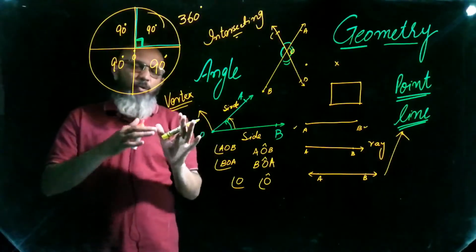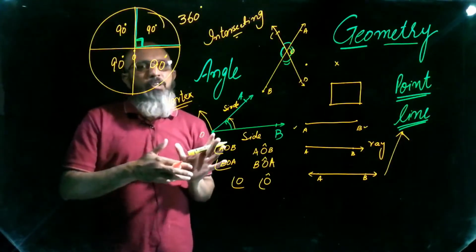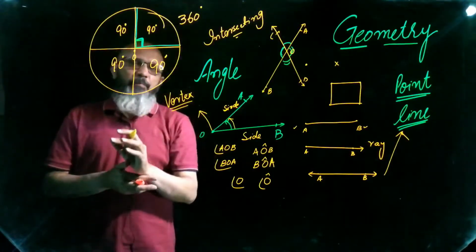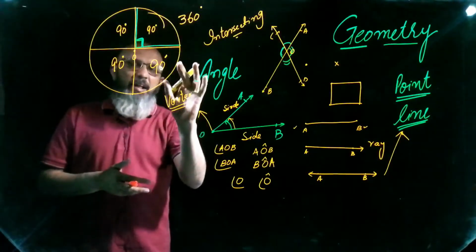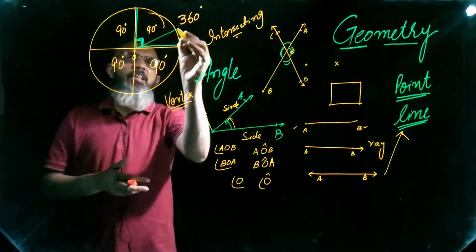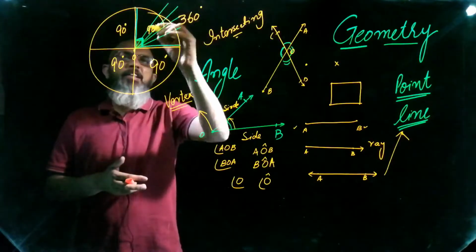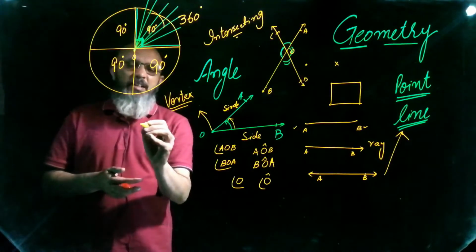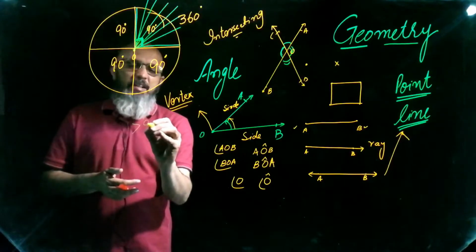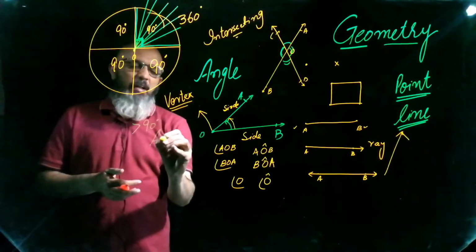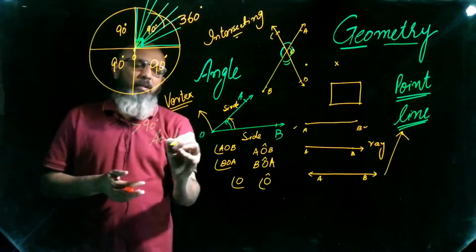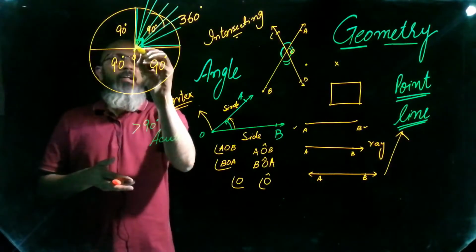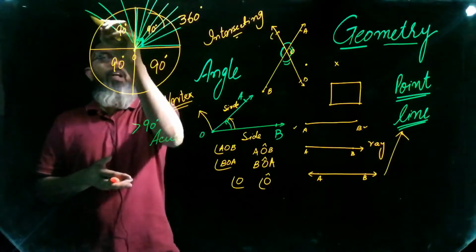It's very important to know what a right angle is, because the types of angles depend on this. An angle less than 90 degrees is called an acute angle. The next type is the angle between 90 and 180 degrees.